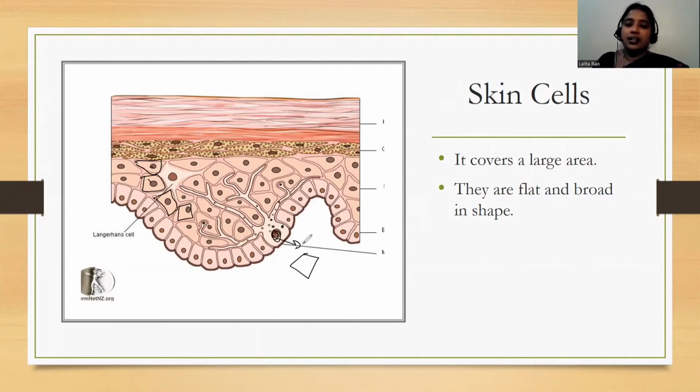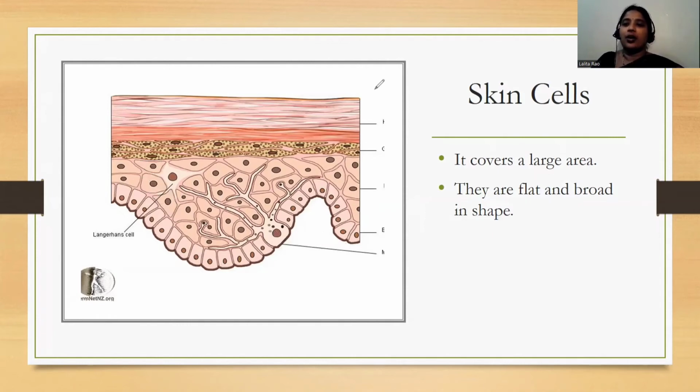This is the nucleus of the cell. Now the nucleus contains all the necessary information. These dot-like structures are the nuclei. And you can see, as the skin covers a large area of our body, that is why they are flat and broad in shape, and they are arranged in a polygonal shape in an irregular manner.